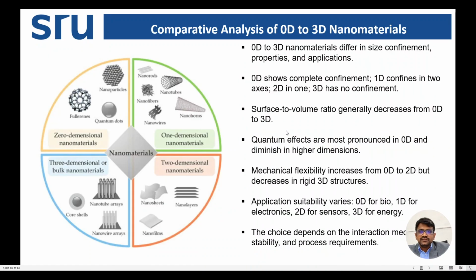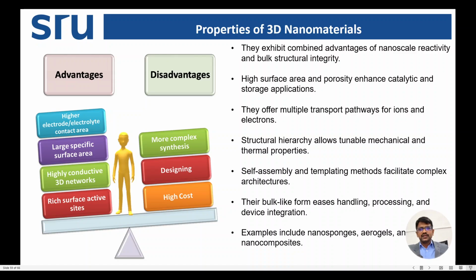Okay, so now we have discussed three types of nanomaterials: zero-dimensional materials, one-dimensional materials, and two-dimensional materials.